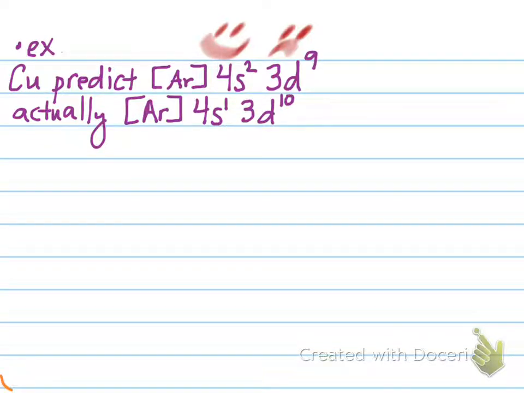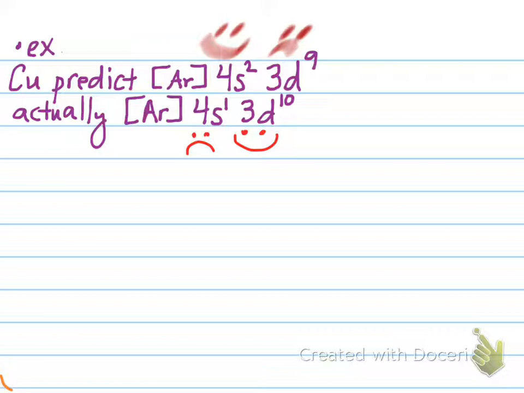I still have the same number of electrons, 11, in our outer energy level. But now I have 10 electrons that are happy because they're completely full and only 1 that's unhappy. And so that is a more stable electron configuration.